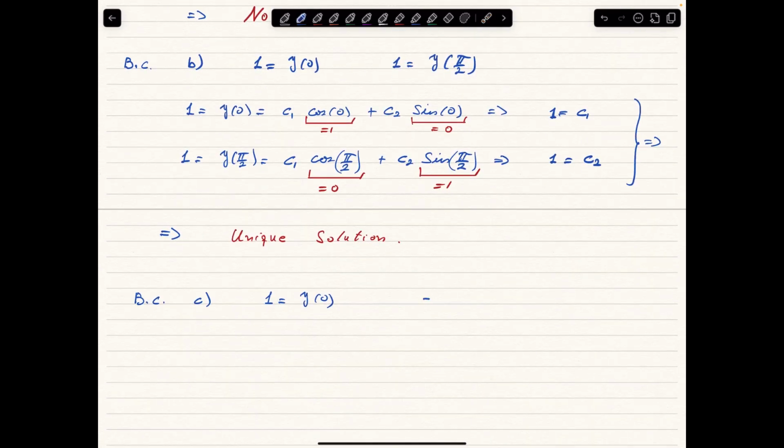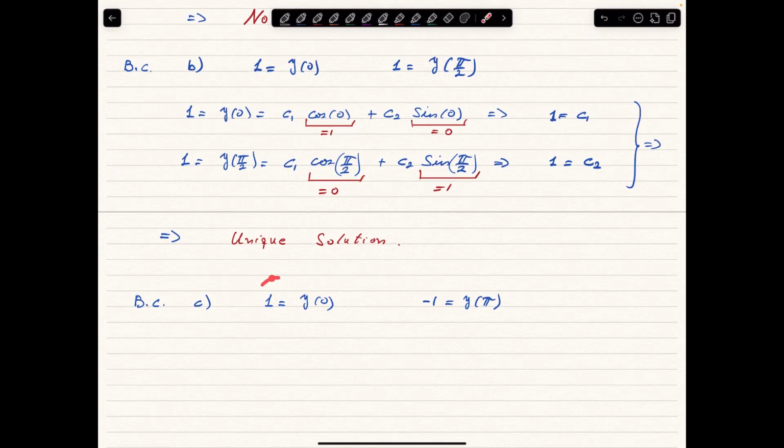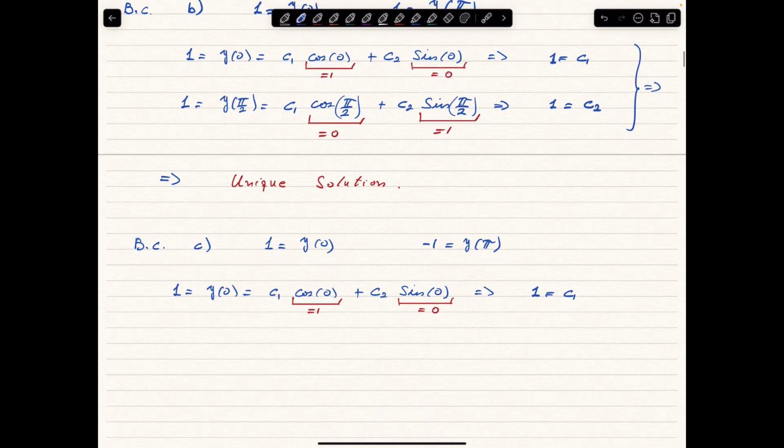Again, this condition is the same as before, so of course we can copy what we did for that condition, and that condition determines the constant C1. Now let's do the other condition.